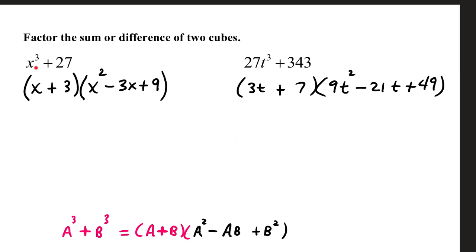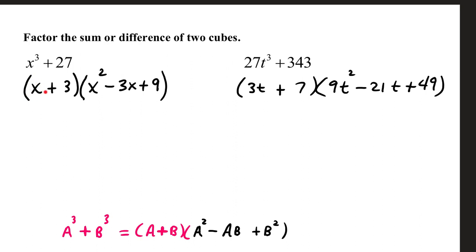Take our first problem, x cubed plus 27. Take the cube root of each term. The cube root of x cubed is x. The cube root of 27 is 3. Once you've got your first set of parentheses built, the second set is built from these terms.